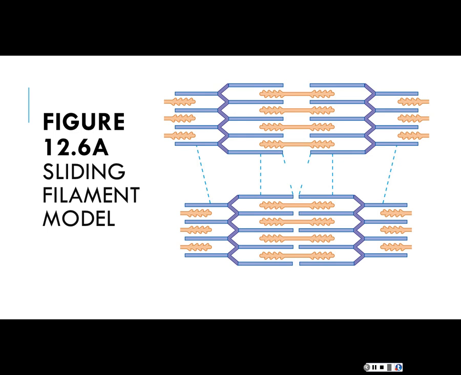And each are relaxed versus contracted state. And then compare the relative distance. You don't have to get a ruler out, but hopefully you can visually annotate.